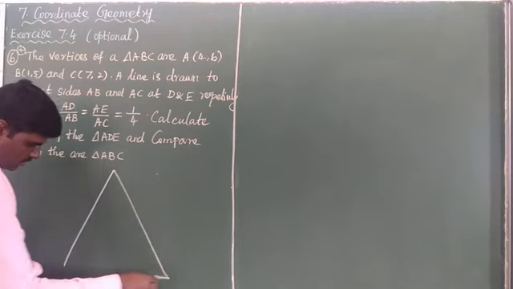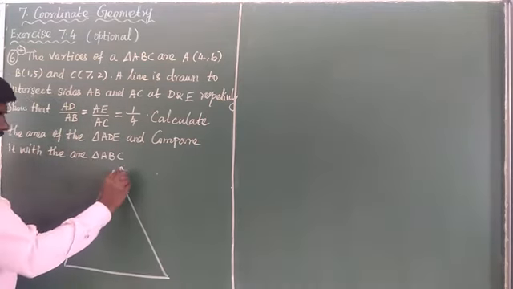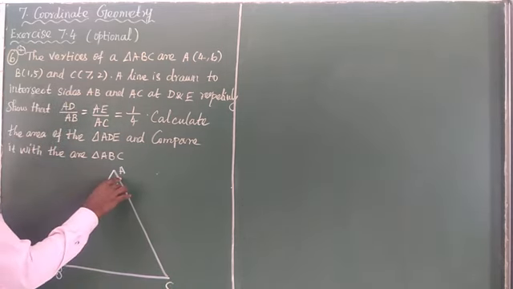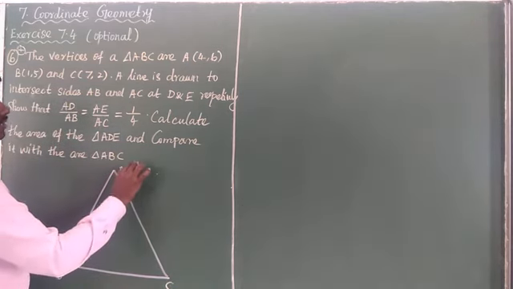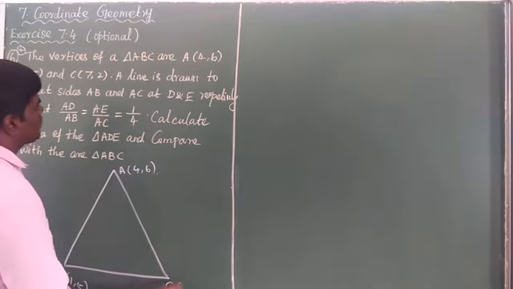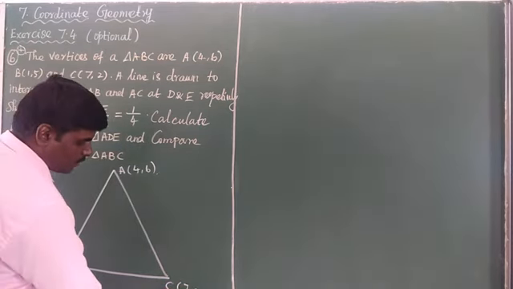In a triangle ABC, here the triangle A, what are the coordinate points? A is equal to 4, 6. Next, the coordinate point B is equal to 1, 5. And the coordinate point C is equal to 7, 2.